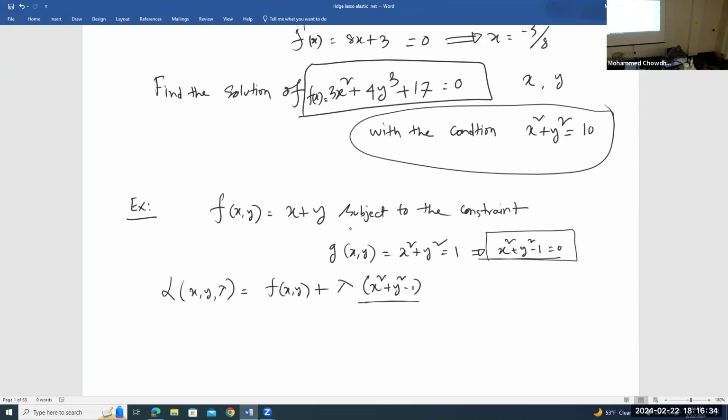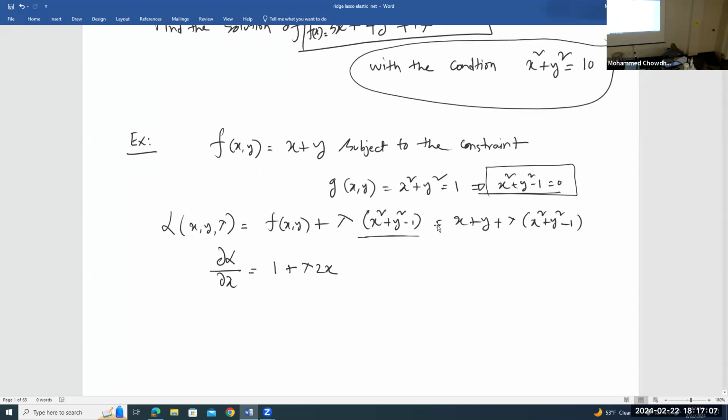Now, if you differentiate L with respect to x, where L is x plus y plus lambda times x square plus y square minus 1, there is a 1 plus lambda 2x, right? 1 plus lambda 2x. Are you understanding?